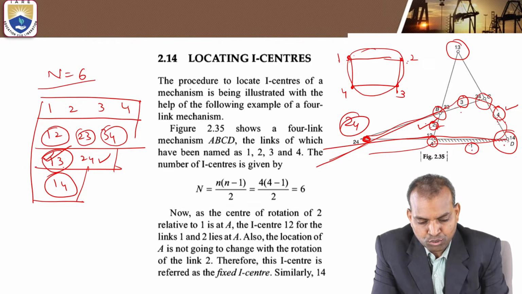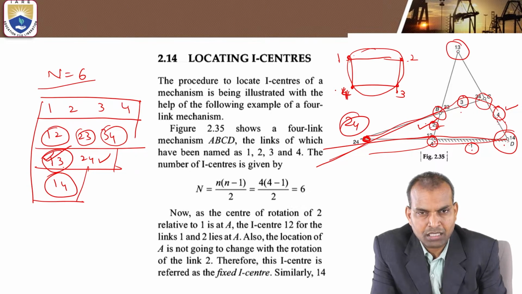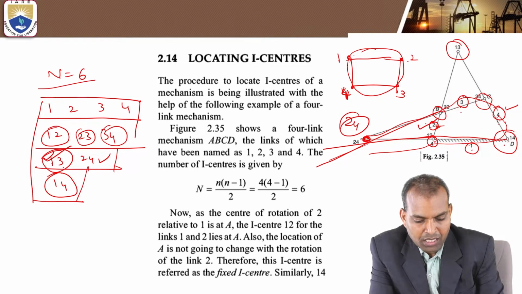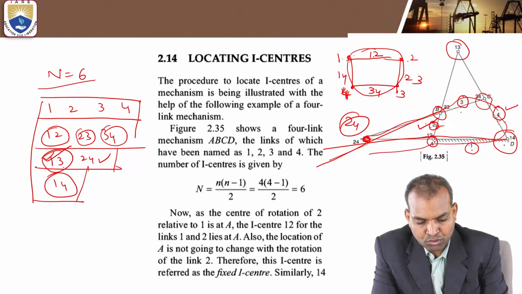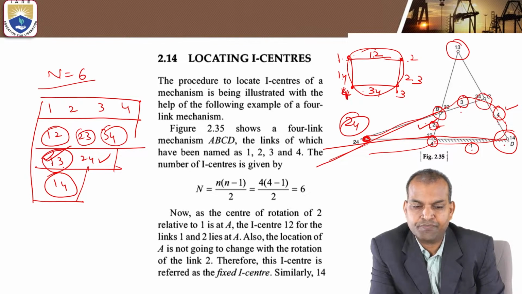Now 1, 2, 3, 4 indicate the link numbers. The 1-2, 2-3, 3-4, 1-4 are directly available on the mechanism itself.